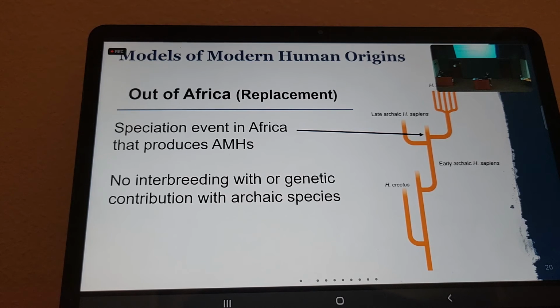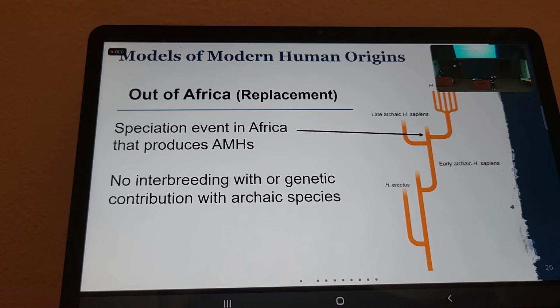Right? So we have a single speciation event in Africa that produces anatomically modern humans at about 200,000 years ago. They spread throughout the world and do not interbreed with the Neanderthals, the Denisovans, anybody that they run into. Not one bit. And then they replace those species.